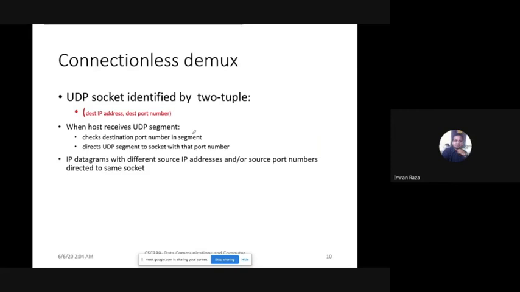It directs the data to the specific process having the specific port number, right? An IP datagram can have different IP addresses and different source port numbers directed to the same socket, depending upon the number of connections that a machine is having with the other machine or other machines.